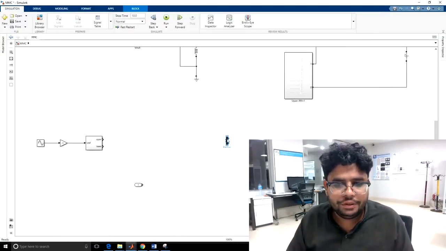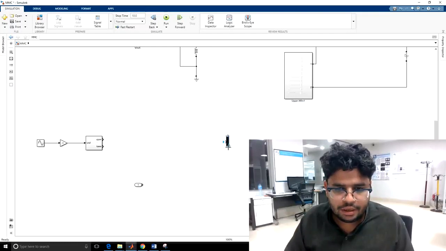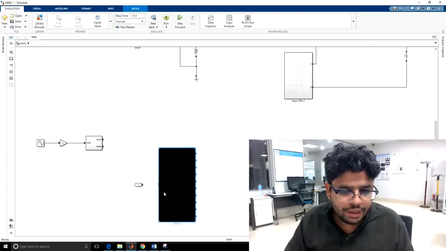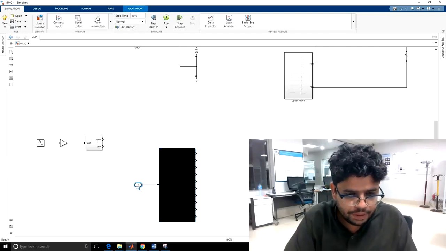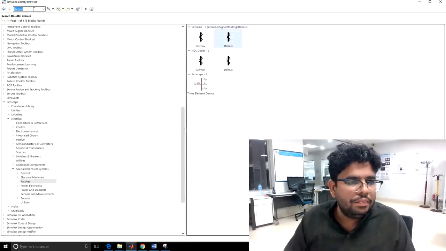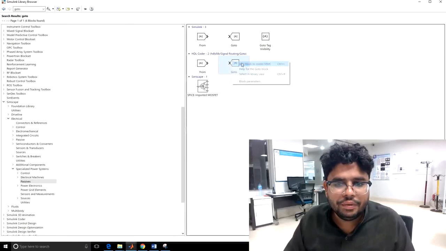And there should be 10 gate signals. Expand it, name it upper arm gate signals, and now we need to select From Goto. From the library we need Goto.